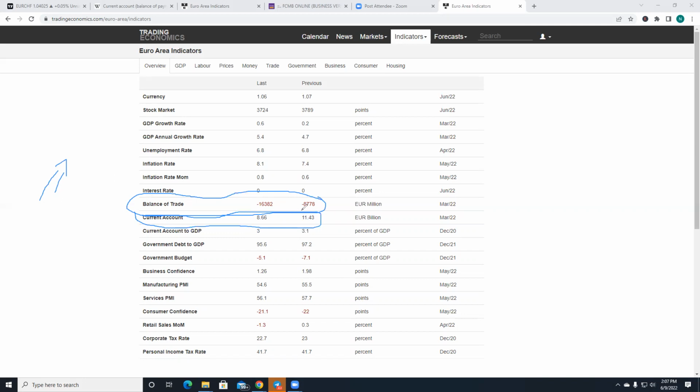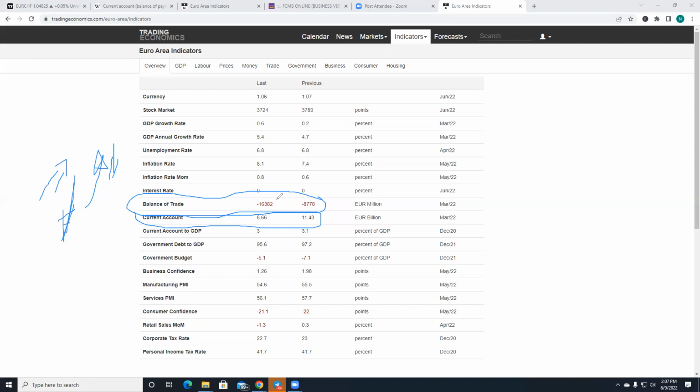Look at it, minus 8,778. It now went down to minus 16,382, meaning that in the Eurozone economy, they are importing more than they are exporting. They are exporting little, but they are importing too much.